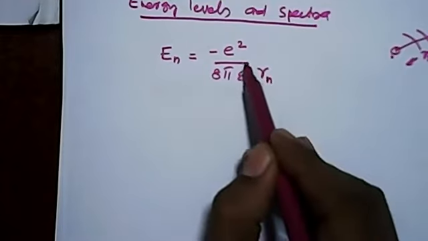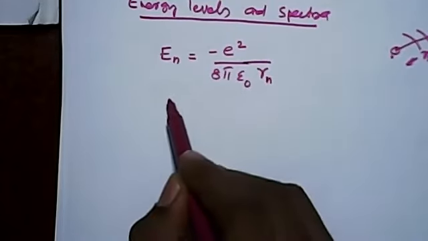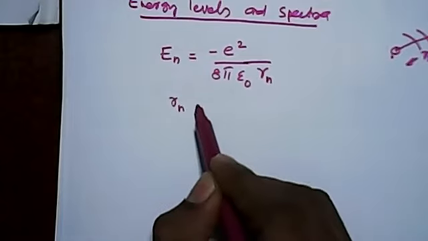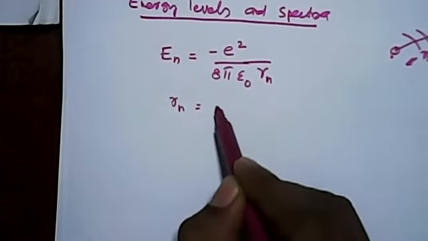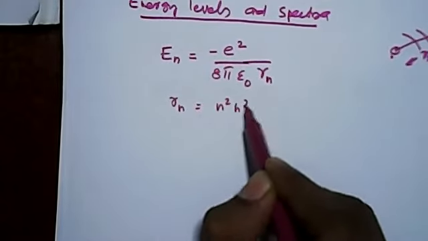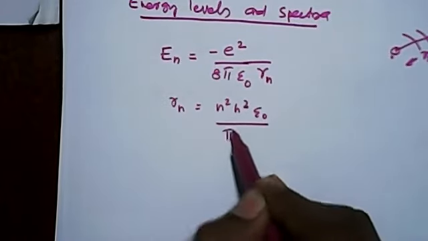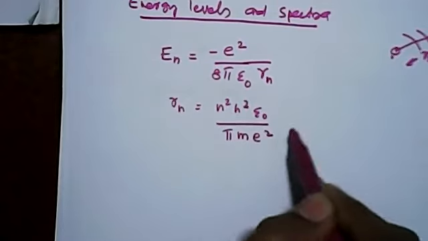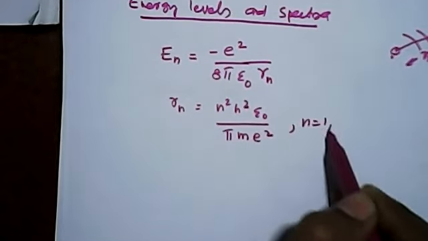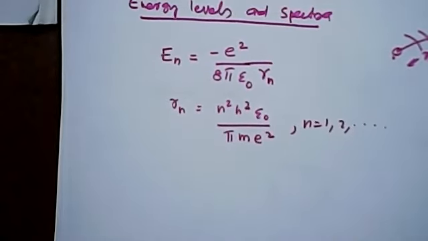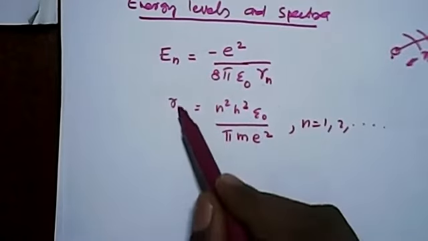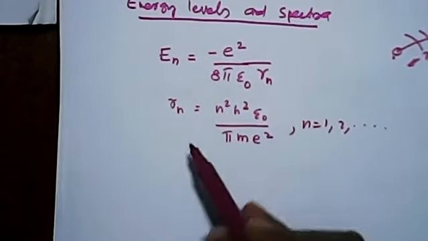Now we have already an expression for Rn. Rn is n square h square epsilon 0 divided by pi m e square, where n equal to 1, 2, 3, etc. Now substitute for this Rn here.